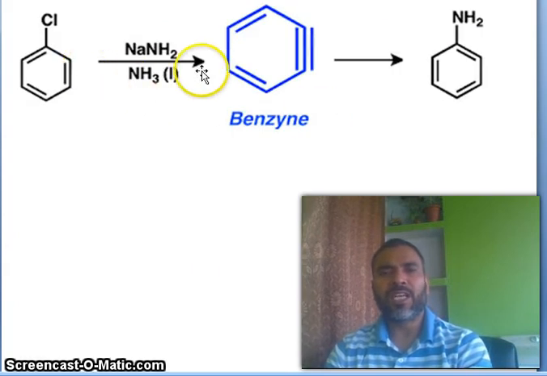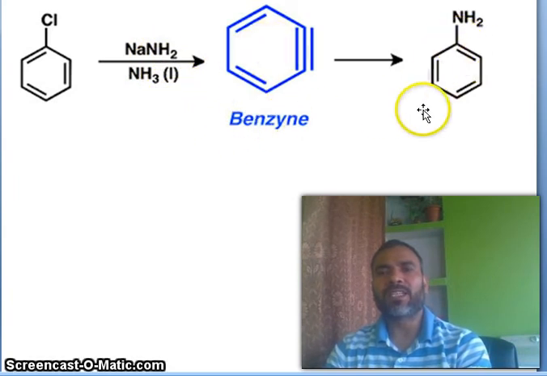You can see here also, this part is formed when you have chlorobenzene and NaNH2, where NH2 is a strong nucleophile, forming this benzyne, and then NH2 comes in place. If you go from this structure to that structure, it is very difficult to find out what happened here.